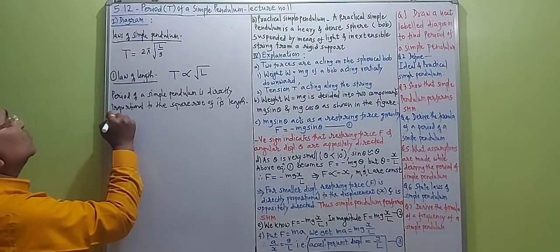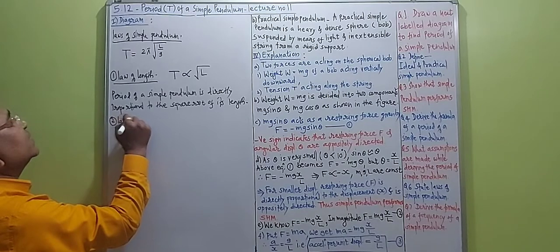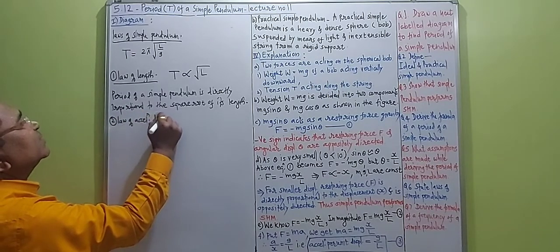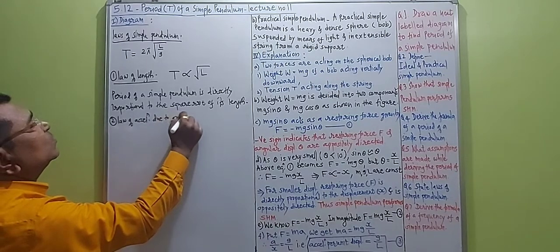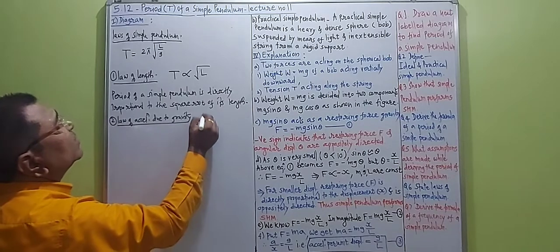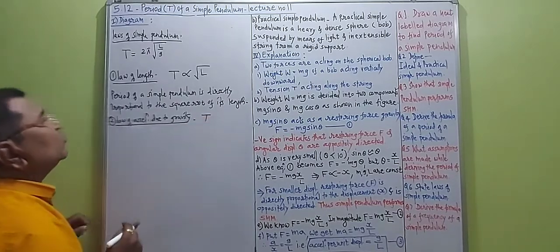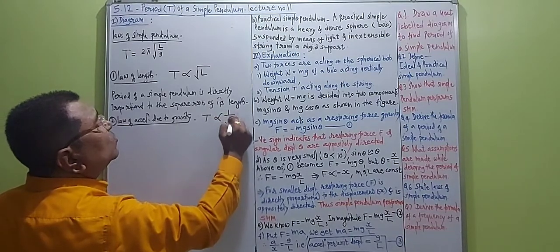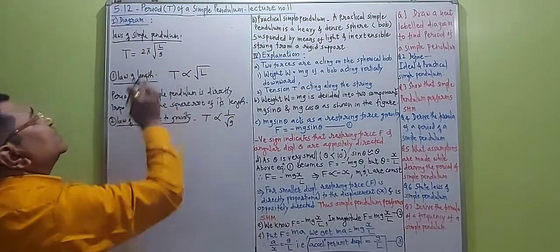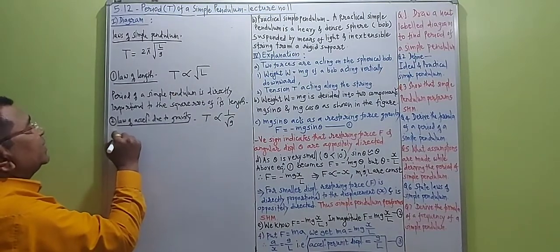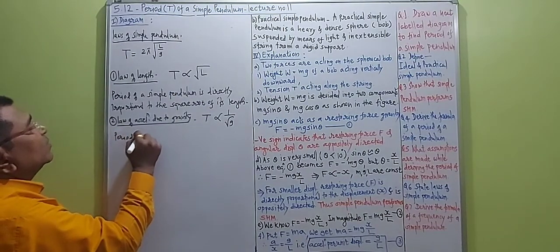Number 2, law of acceleration due to gravity. What is law of acceleration due to gravity? For that purpose, we should remember the formula. T is inversely proportional to root g. So what we write?